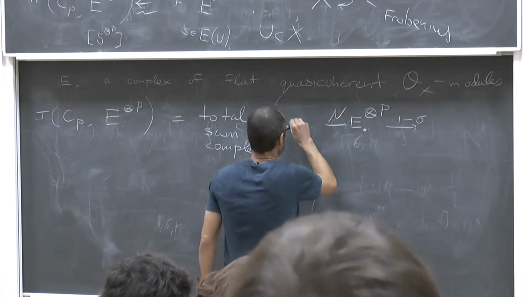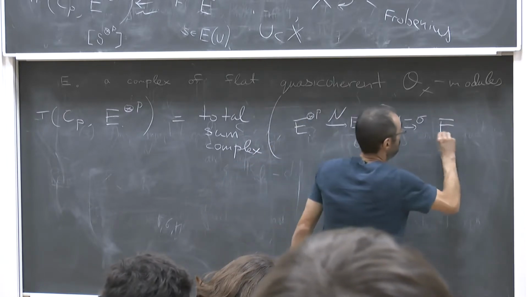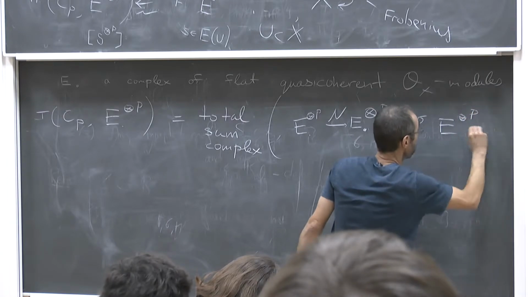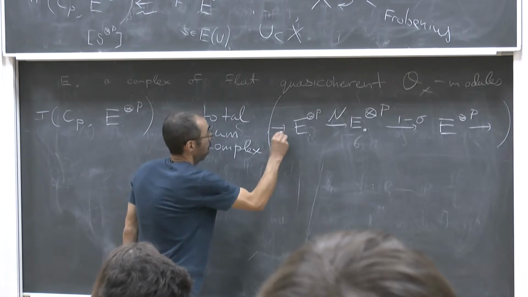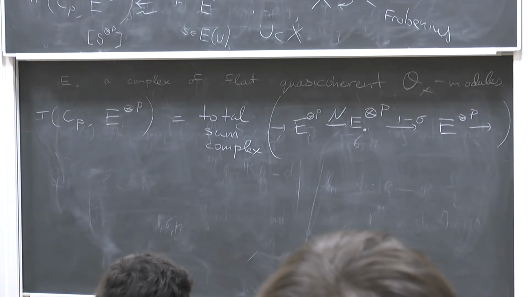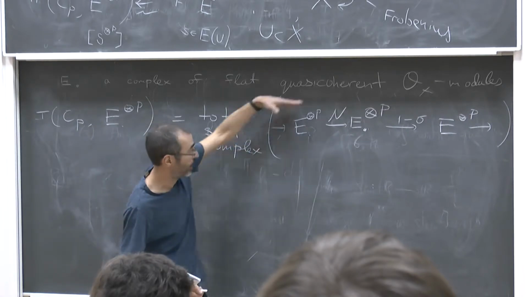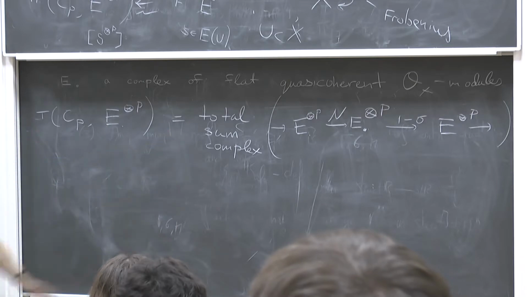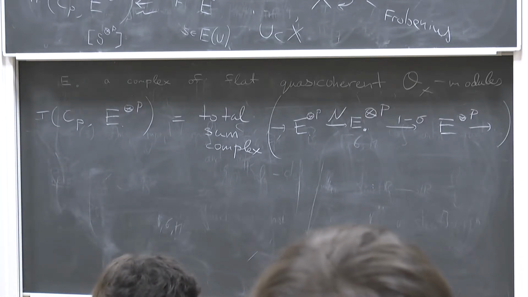So that's how I would explain it. Okay. So there are many ways to get a complex out of a double complex. I could take the product, so make this choice.